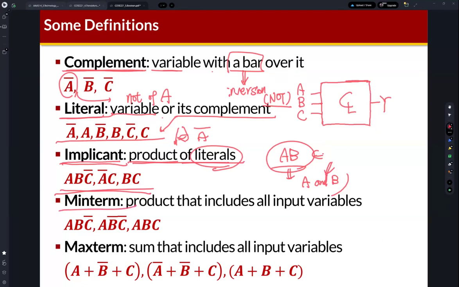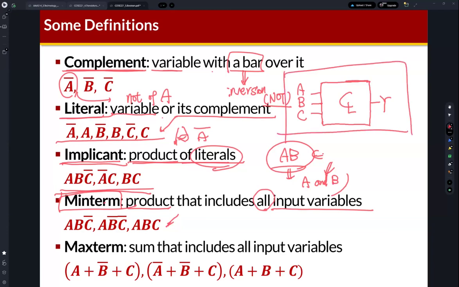And the minterm is a product that includes all input variables. This is the definition of minterm. So this is an example. Assume this is a logic, and this logic includes three input signals, right?